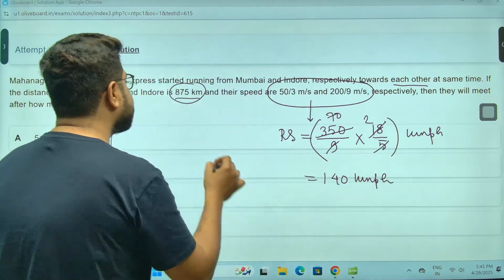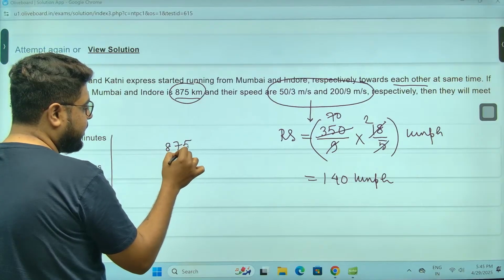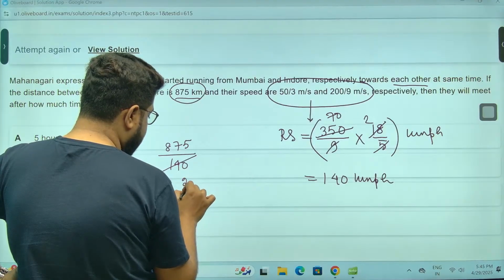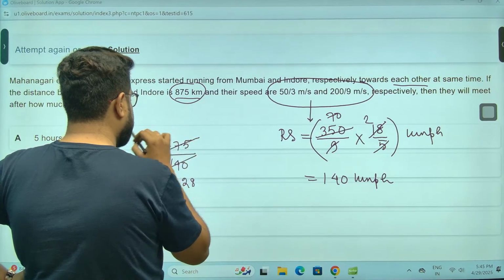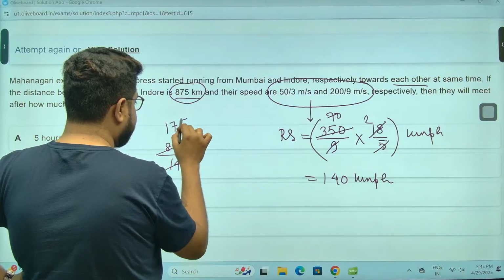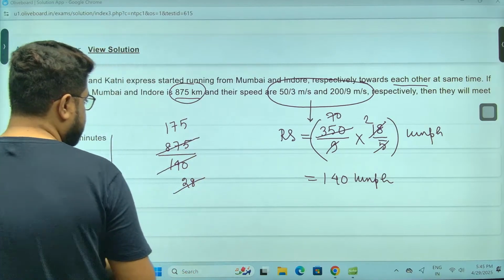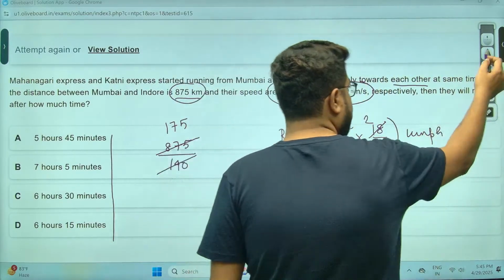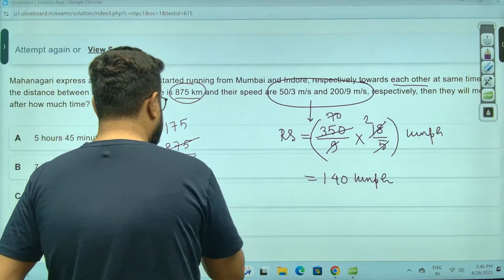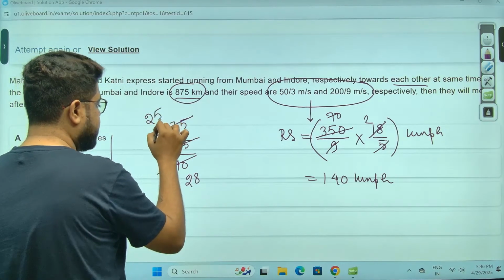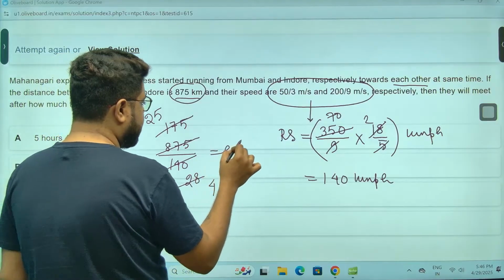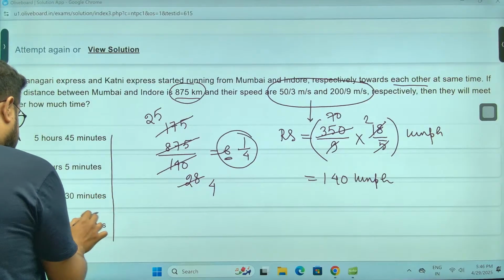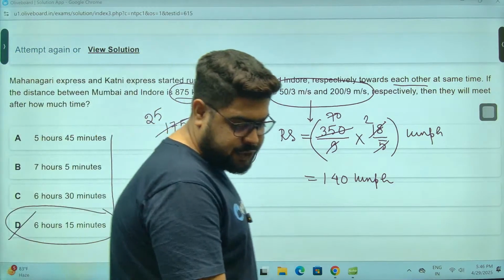So time will be distance by speed, 875 by 140. 17 fives are 85, 7 twenty-fives are 175, 7 fours are 28. So 6 whole 1 by 4 hours. 1 by 4 of an hour means 15 minutes. So 6 hours and 15 minutes, option D.